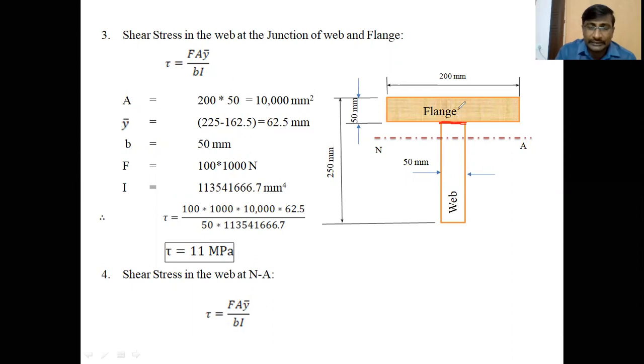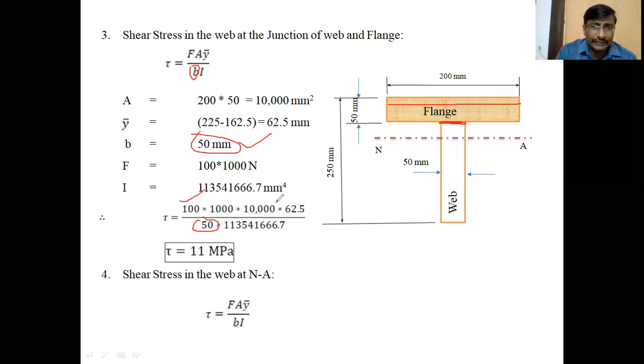Y bar is the distance of its flange CG from the neutral axis. F and I are the same, so the only variable is 50 mm. Suddenly the breadth reduces from 200 to 50 mm here. So B is the only change in value after substitution of all the values. B is 200 mm in the previous case, in this case 50 mm.